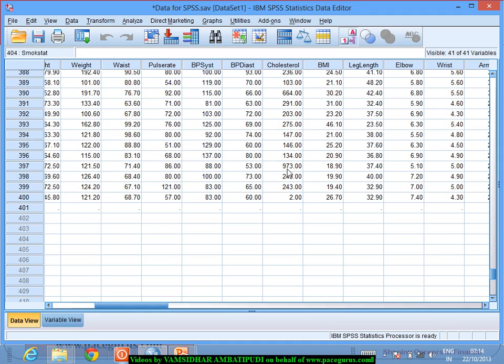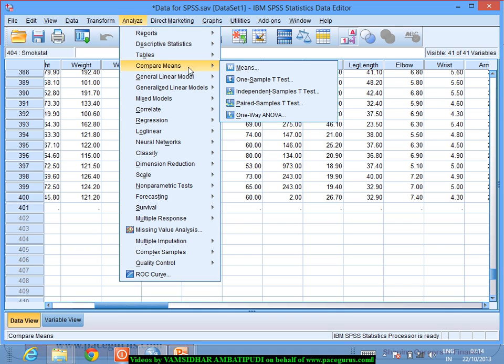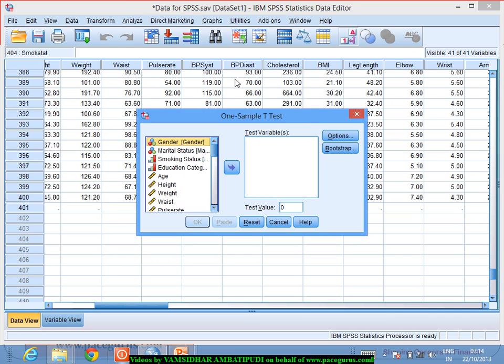Alright, let's go to our data, and I'll make a simple analysis: analyze, compare means, wherein I'll go with one sample t-test. I'm assuming here that the height is normal.